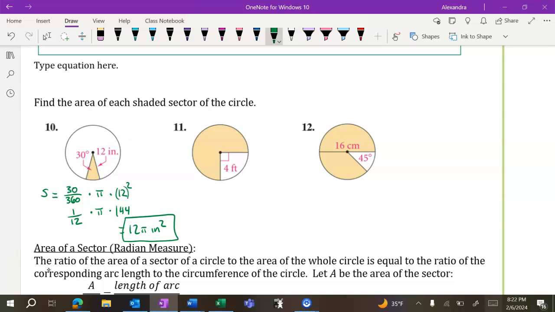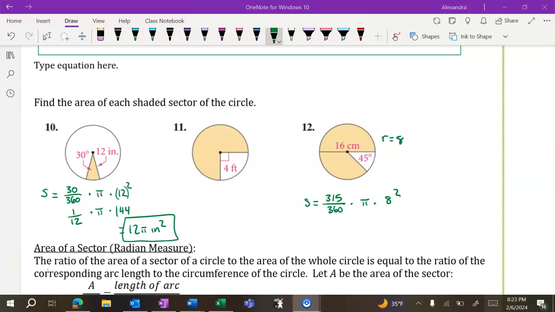So I'm going to skip over to number 12. Number 12, we need to be careful, right? Because I gave you a diameter here of 16. But in our equation, we use our radius. So we want to make sure that we're remembering that our radius is equal to 8. So when I plug that into my equation, again, I'm trying to find the area of the shaded sector.